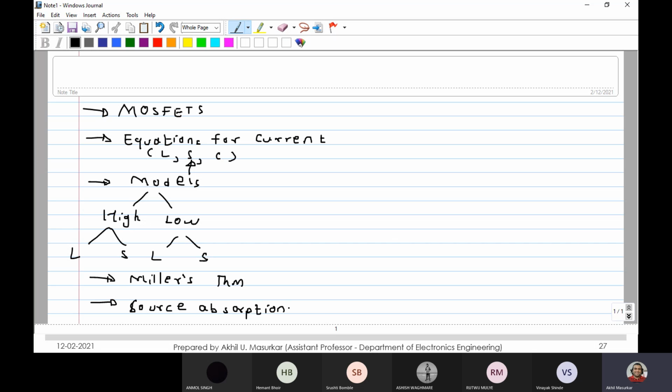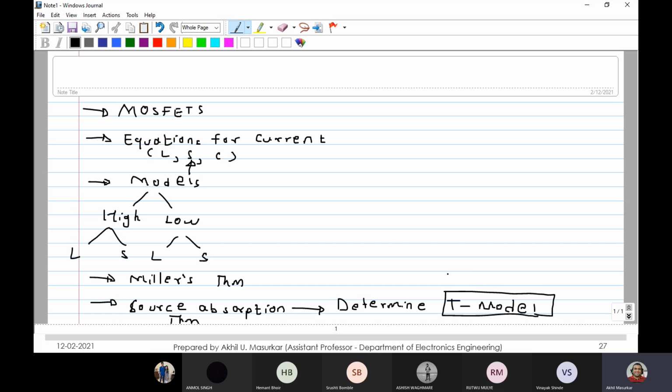And this source absorption theorem we use to determine the T model of the MOSFET. So this was our flow till now. We did MOSFET equations, low frequency and high frequency models, Miller theorem and source absorption theorem, and that theorem we used to determine the T model of the MOSFET.